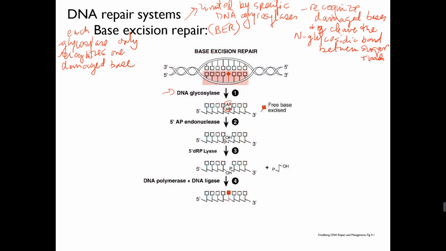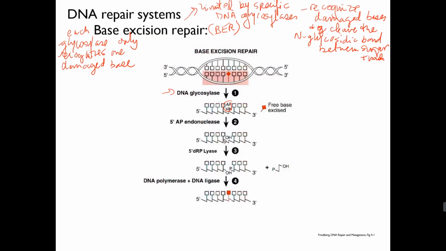And this kind of gets worse because after we have our AP site, the first thing we're actually going to do is make a backbone cleavage. So it's like, oh my goodness, we have an AP site and then we cut the backbone. Are we insane? So the backbone is cleaved by an enzyme called AP, for apurinic or apyrimidinic, endonuclease.